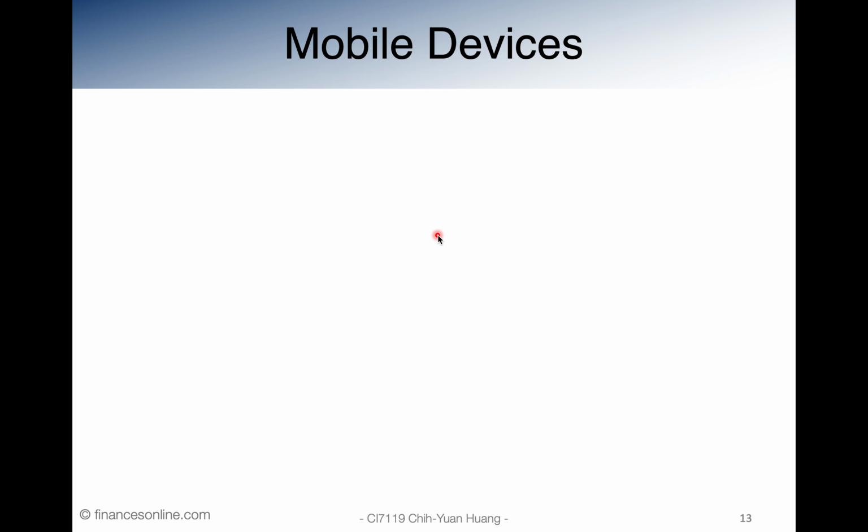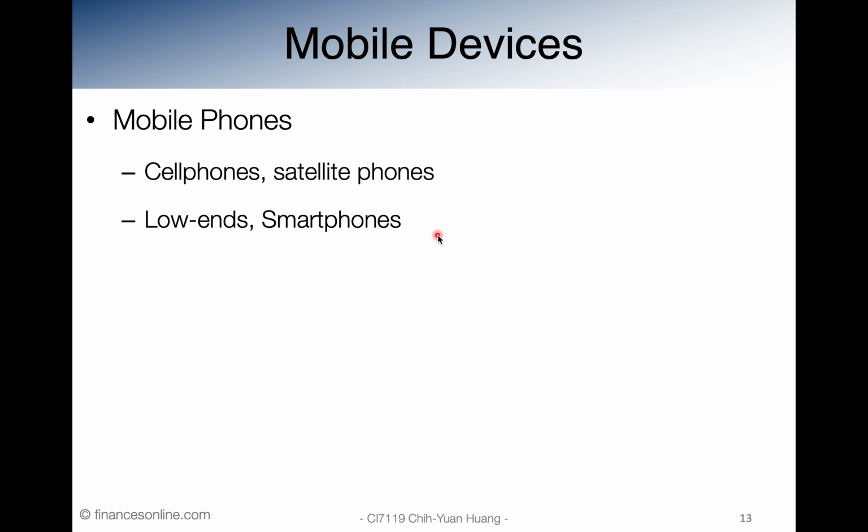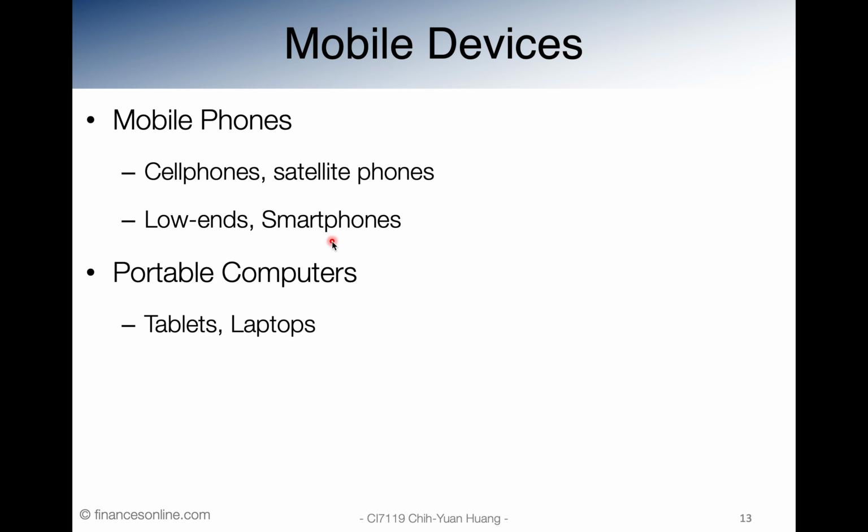In terms of the mobile device, it could be the mobile phones, like the cell phones or smartphones, satellite phones, or it can be separated as the low end or the high end, like the smartphones that we are using quite commonly in the modern age. Besides the mobile phone, the mobile devices could be portable computers as well.